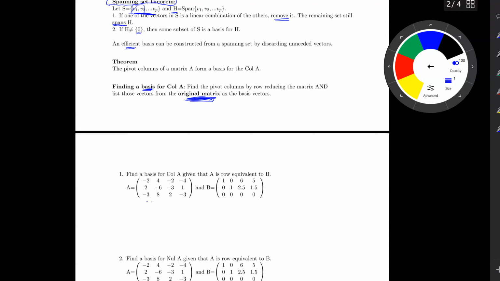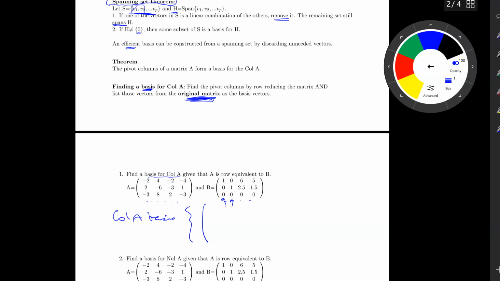All right, so if I told you that this was A and this was B by doing row echelon, so you don't even have to plug it in. Here's my row echelon form of A right here. Let's find a basis for Col A. The basis for Col A will be the pivot columns, so that will be this column and this column.